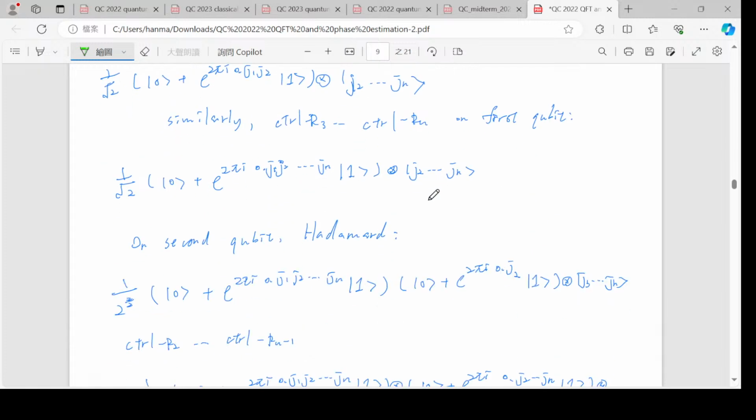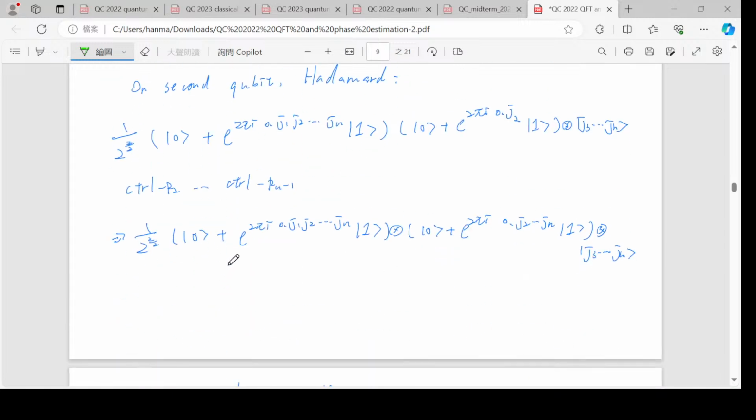And yeah, you do a similar thing on the second qubit. Hadamard turns J2 into 0.J2, and then control R2 gives you 0.J2 J3, all the way to control Rn minus 1, and that will give you Jn here.